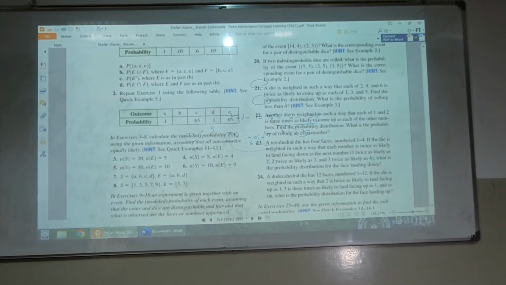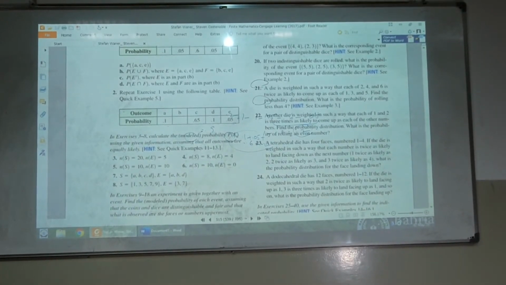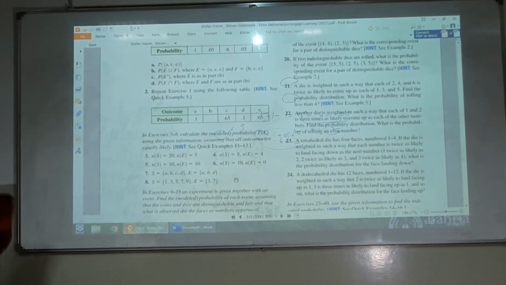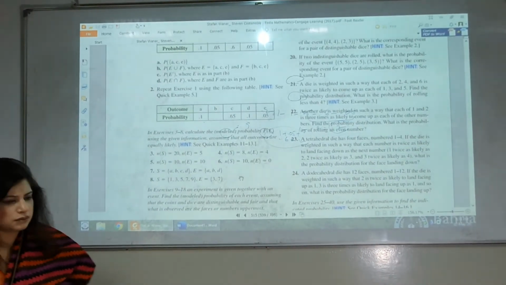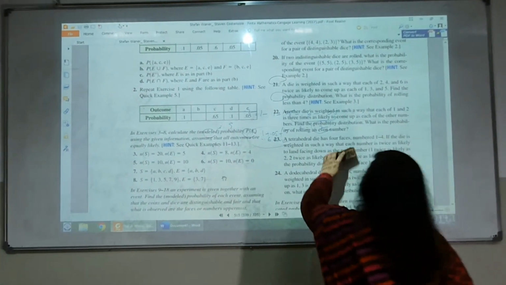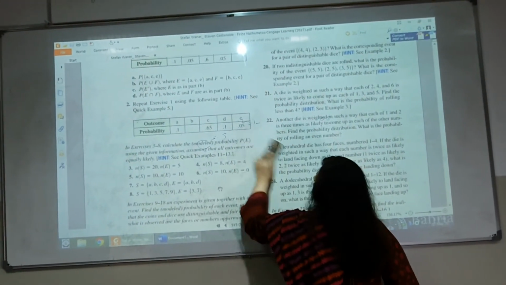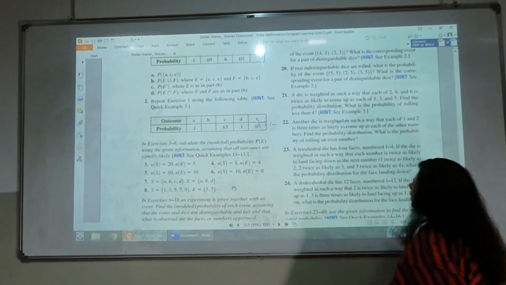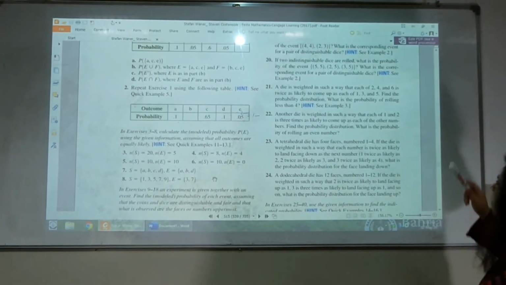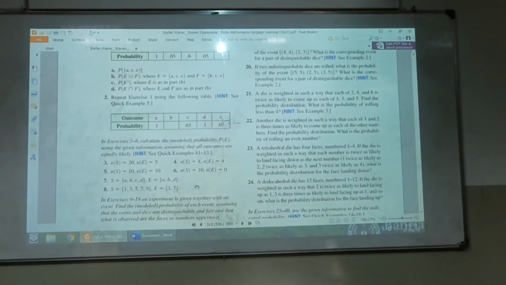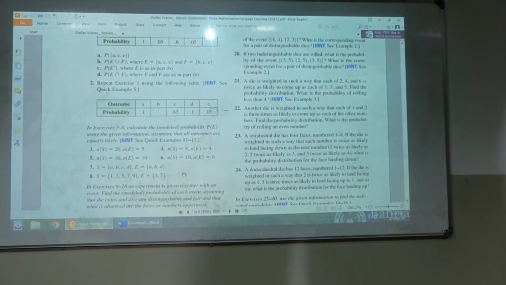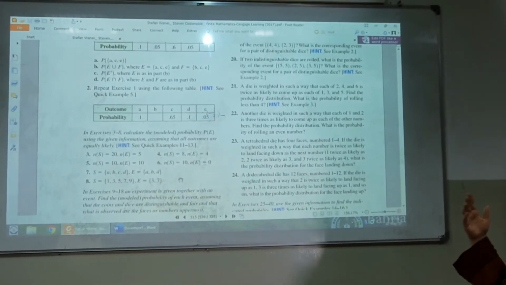Now let's just look at this question. Okay, I'll just explain this question to you. The die is weighted in such a way that each of 2, 4, and 6 is twice as likely to come. So what you're supposed to do is take the probability of each as usually 1 by 6.